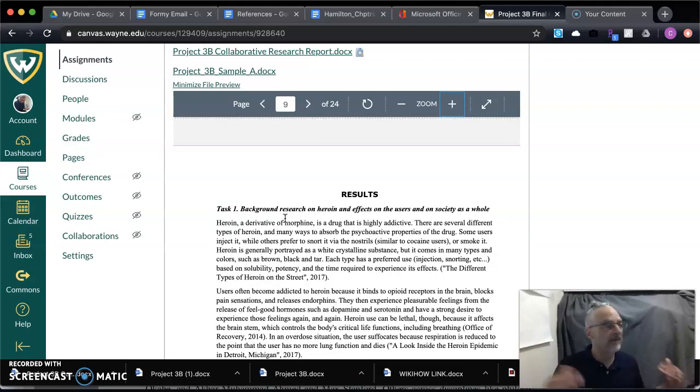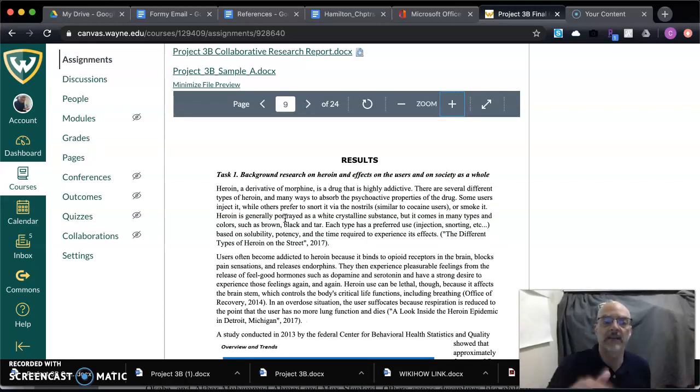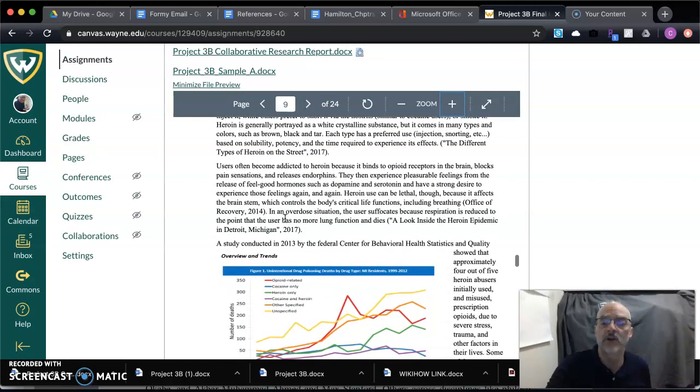So findings can be methods: here's how we got this, here were the results. I like how they kept them task oriented, so someone could really follow through and say, for task one they did X, Y, and Z, then in results. It helps the audience follow along. I really appreciated how strongly they did that.